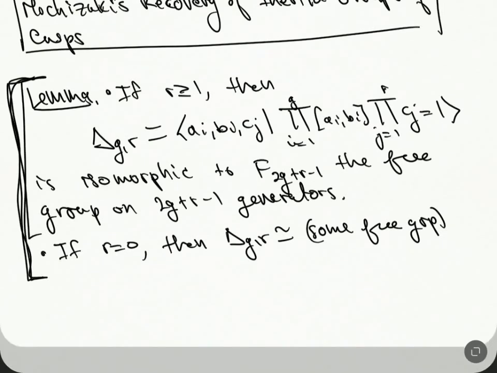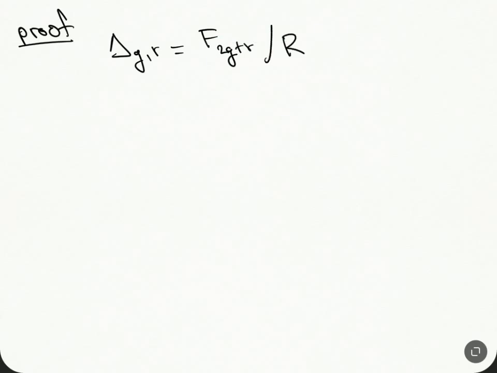All right, so here's the proof. We're going to need a particular presentation. So here we're going to write this group Γ_{g,r} as the free group F_{2g+r} modulo some normal subgroup.